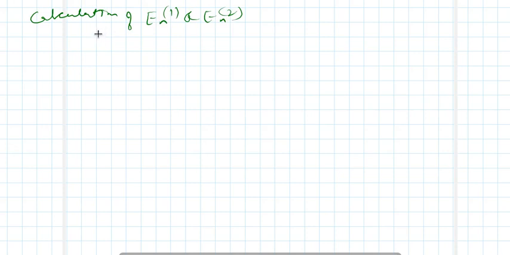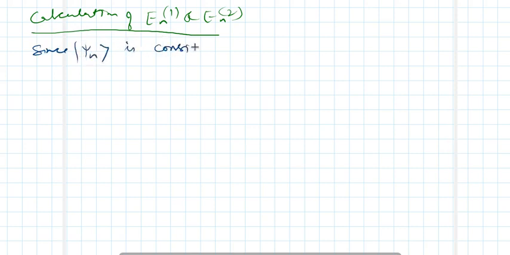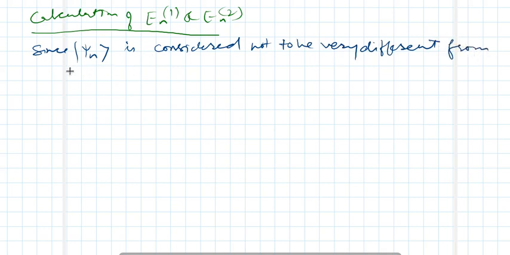So since psi n is considered not to be very different from phi n, that is, the inner product of phi n and psi n is nearly equal to 1, let us use this trick.